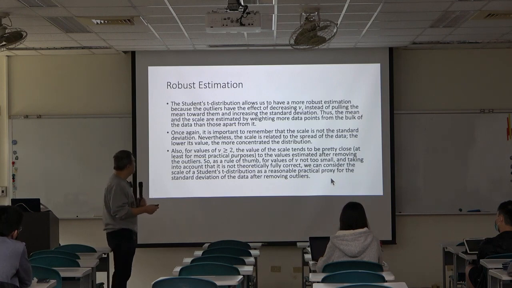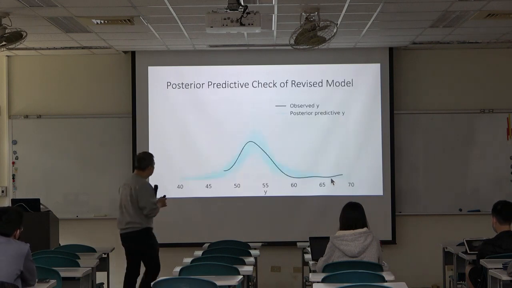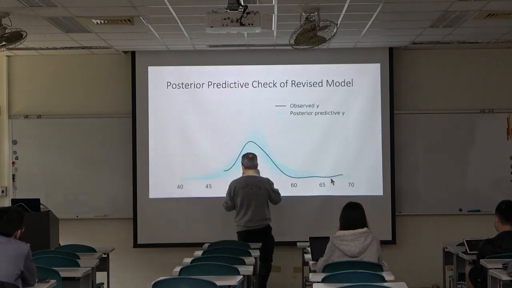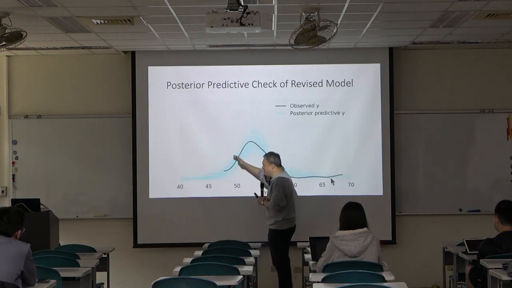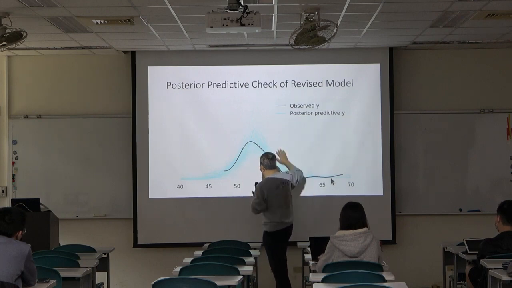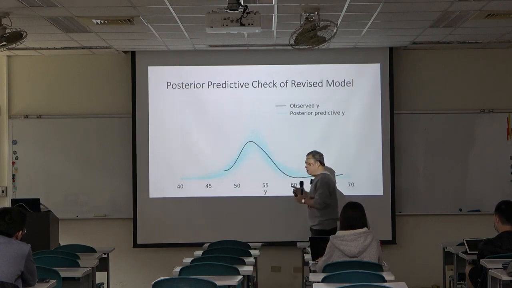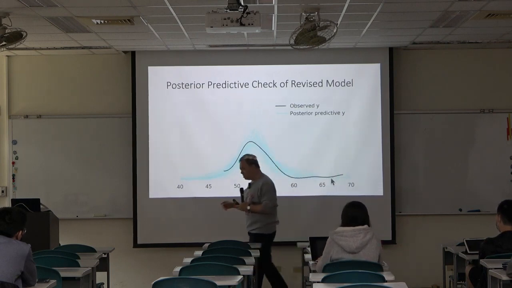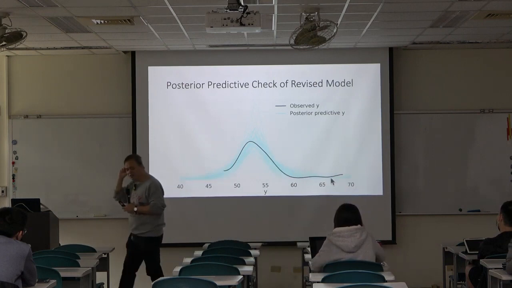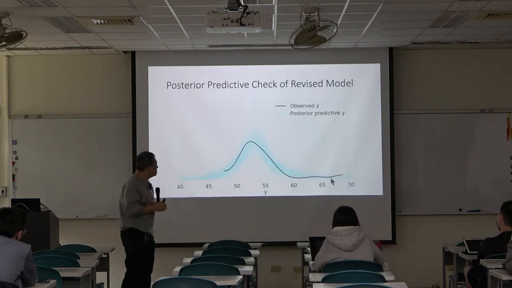So the mean and the scale are estimated by weighting more data points from the bulk of the data than those apart from it. So the scale is closer to the standard deviation of the bulk of the data. The outliers only affect ν in the Student's t-distribution.